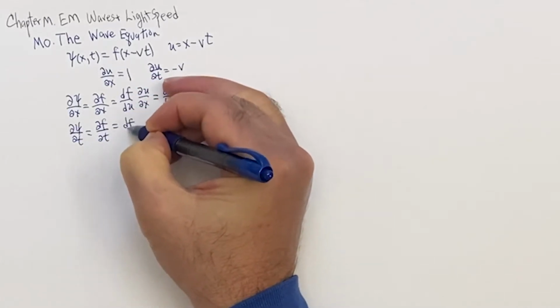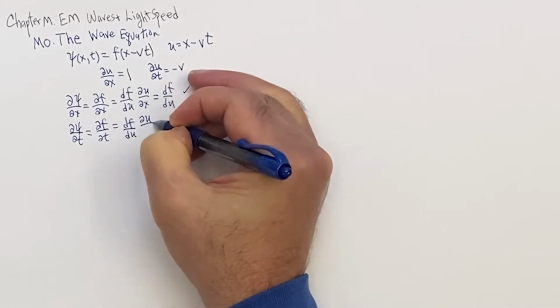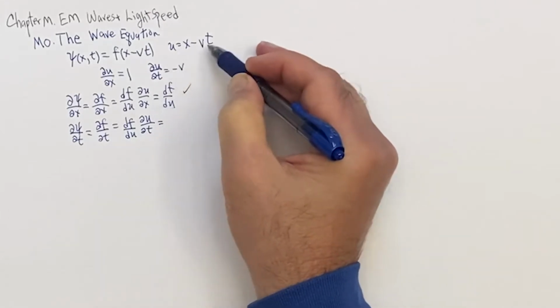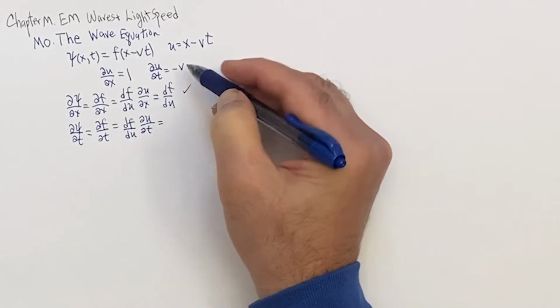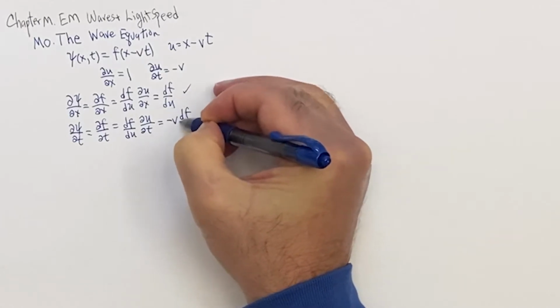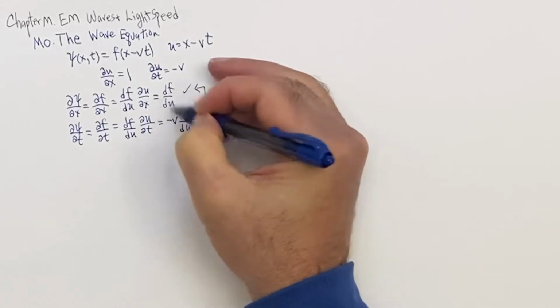Take the regular derivative of f with respect to u, and then the partial of u with respect to t. Now, the partial of u with respect to t is that minus v, so this is going to be minus v df/du.